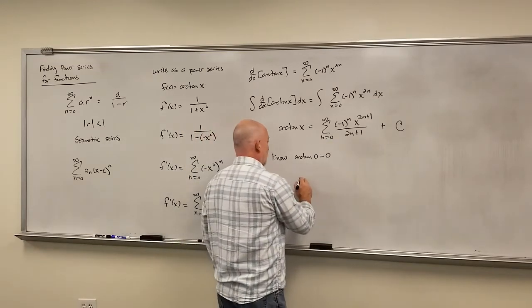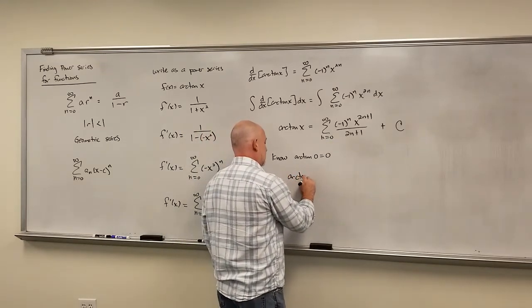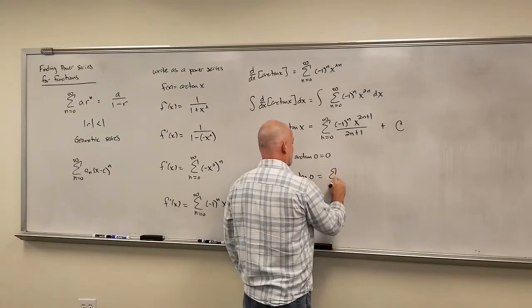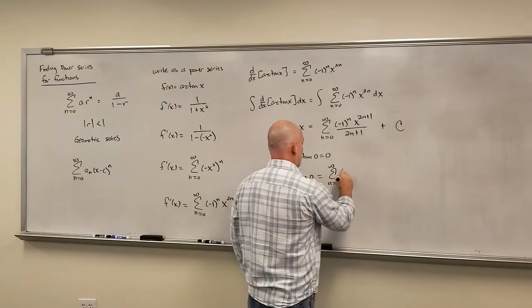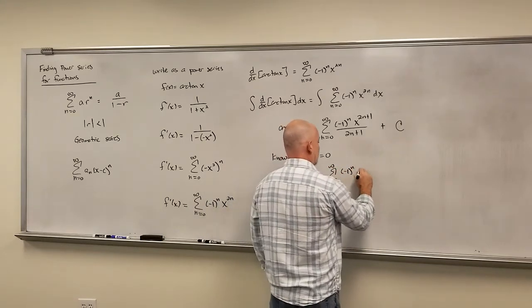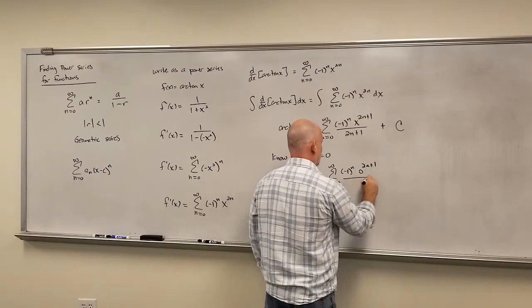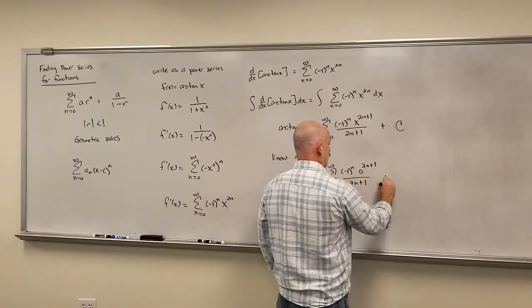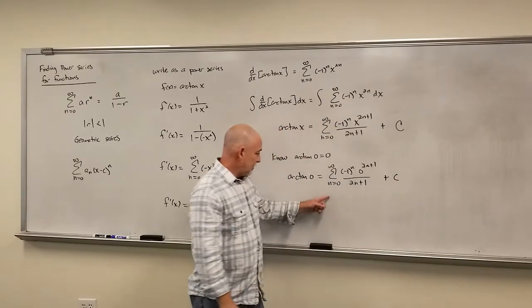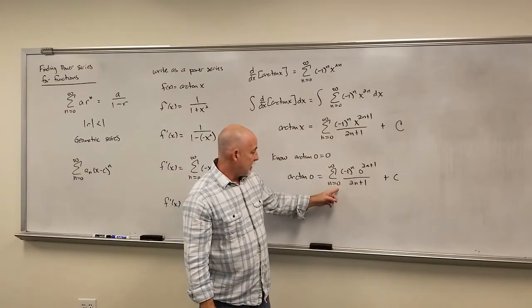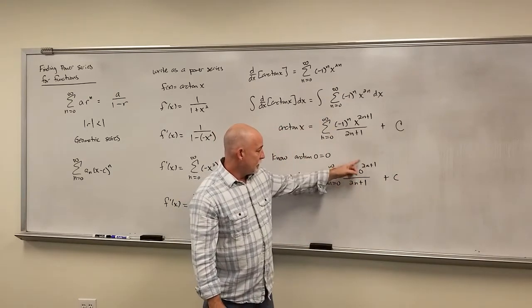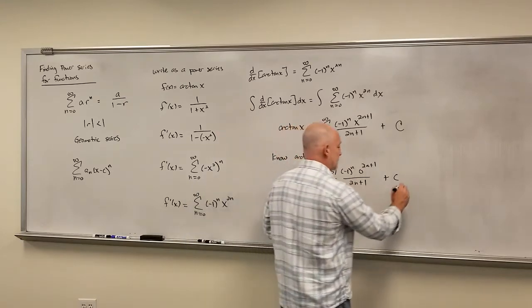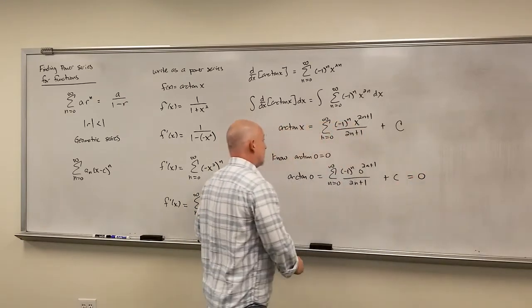So the arctangent of 0 is going to equal the sum n equals 0 to infinity, negative 1 to the n, 0 to the 2n plus 1 all over 2n plus 1, plus c. Now, since every term here is going to have an x in it, right? This is all going to be 0, which means c has to be 0.